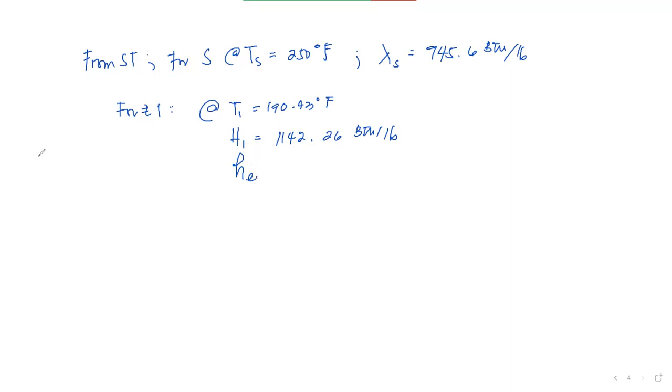And since you'll be using as well its saturated liquid enthalpy here, I will simply write it as small h1, so you will not be confused that this is liquor, because we're using HL for the liquor.